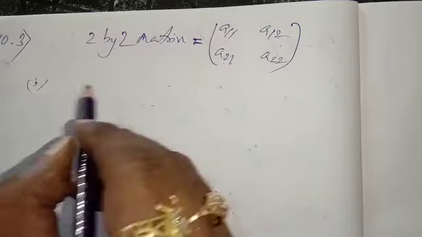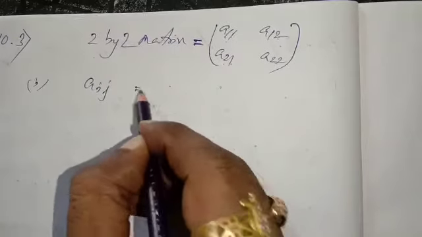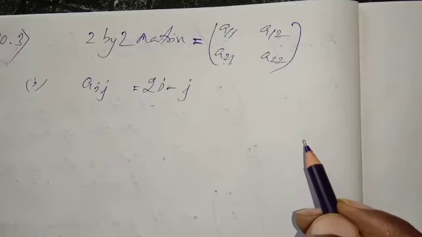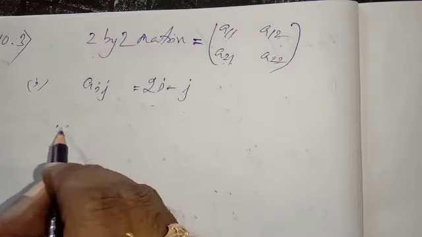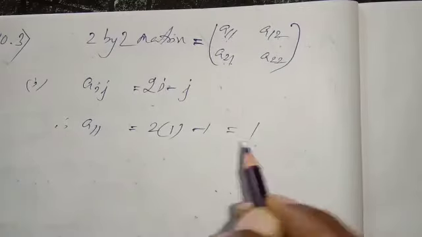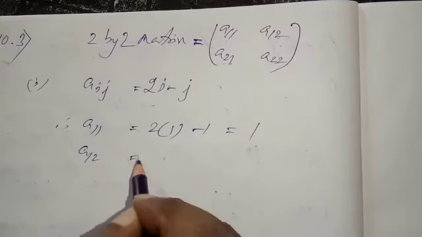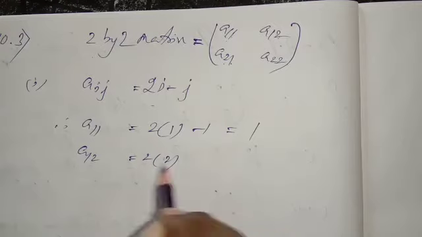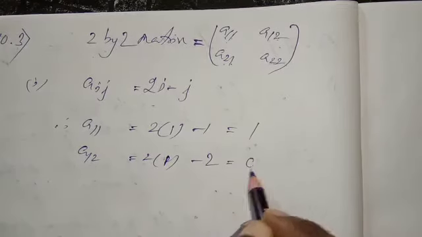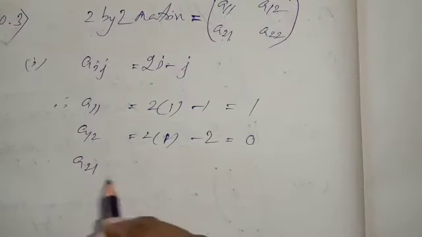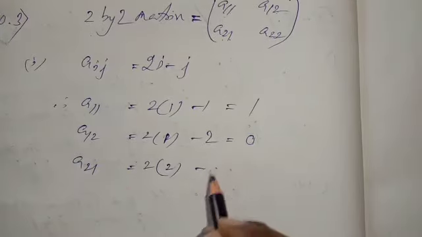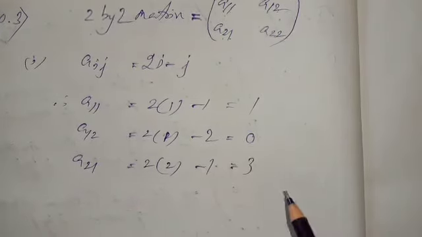The condition given is a_ij equals 2i minus j. Therefore, a11 means 2 into 1 minus 1, this will be 1. a12 will be 2 into 1 minus 2, that is 2 minus 2, 0. a21 means row is 2, so 4 minus 1, 3.